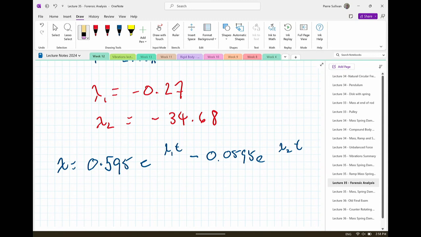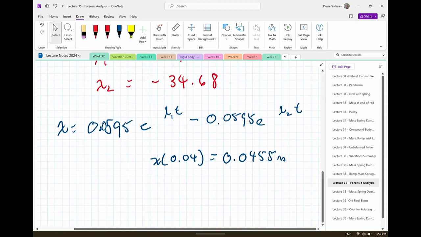And it's 0.0595 there. So x at a time of 0.04 seconds is equal to 0.0455 meters.